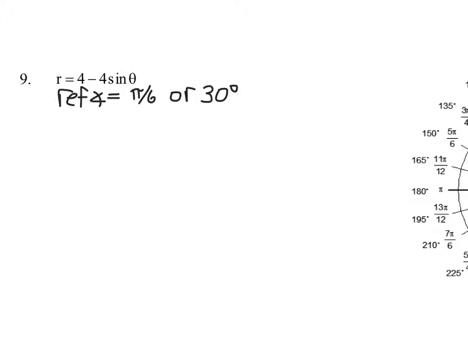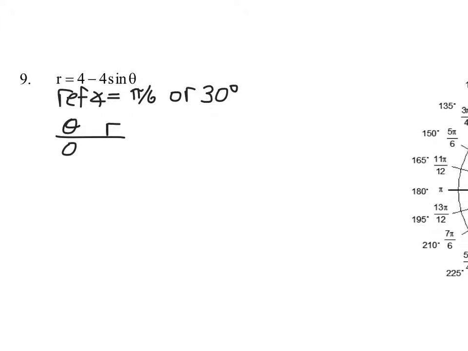So, a reference angle of pi over 6 would correspond with any angle that has a denominator of 6. So I already know just by looking at my graph grid what angles I'm shooting for. All right, so when I'm making my table, I'm going to start with 0. Again, theta is our independent, and then r would be our dependent.